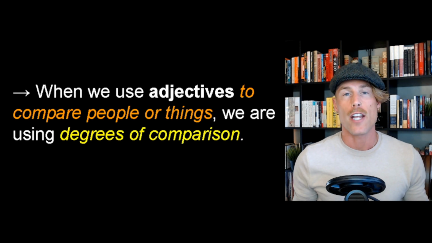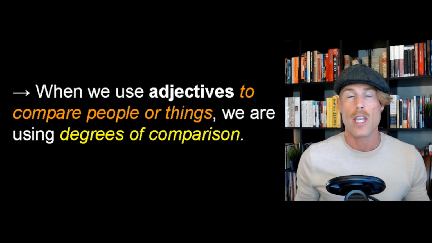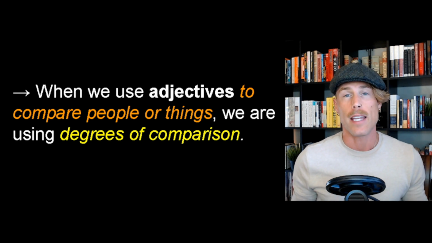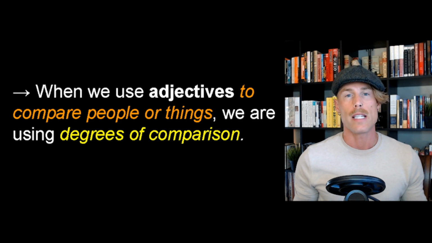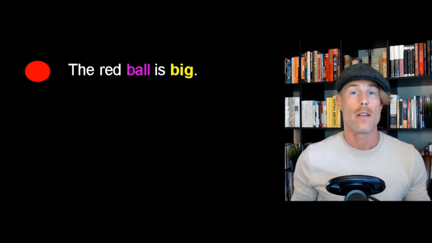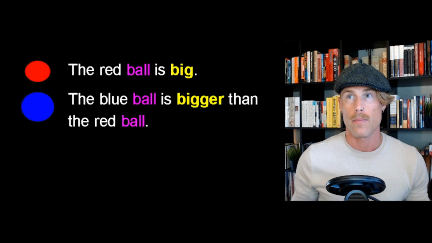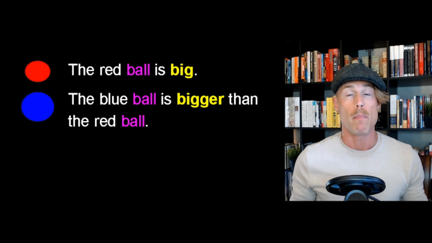When we use adjectives to compare people or things, we are using something in English called degrees of comparison. The red ball is big. The blue ball is bigger than the red ball.